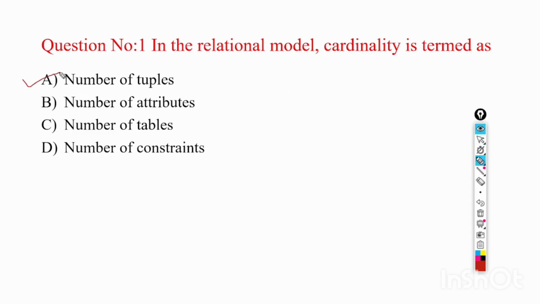Correct answer is option A, number of tuples. Now let's understand this question carefully. In DBMS, cardinality means the total number of rows present in a table.